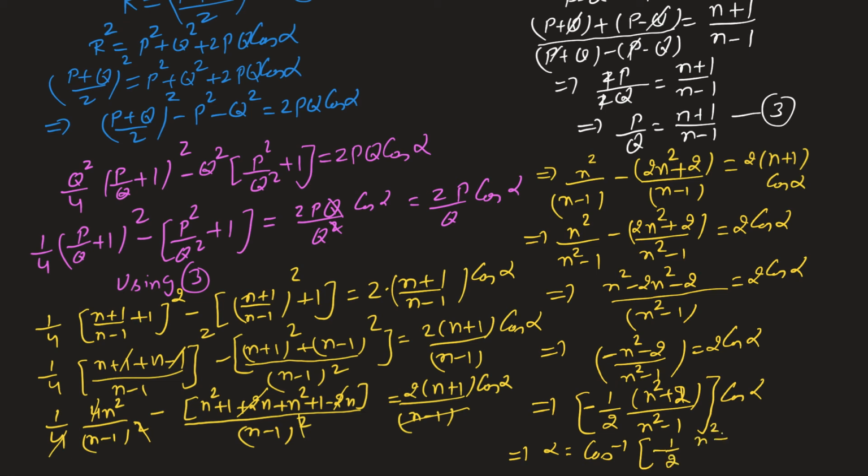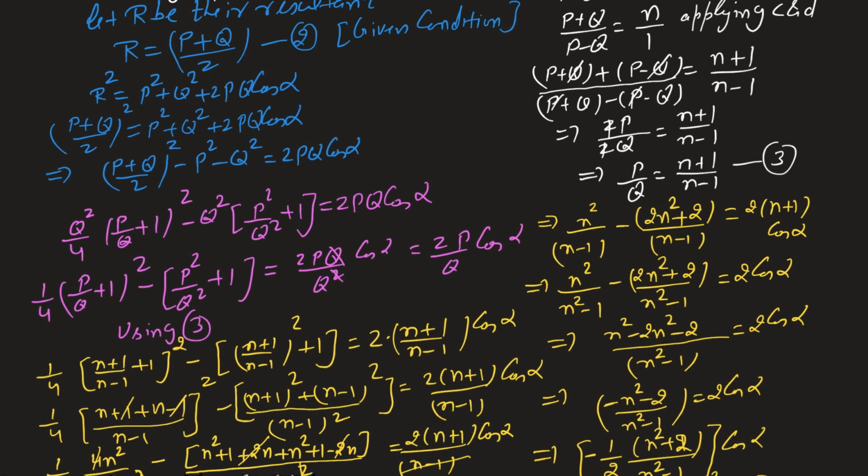n square plus 2 divided by n square minus 1. The square brace is closed. So this was required to prove. Okay, fine.